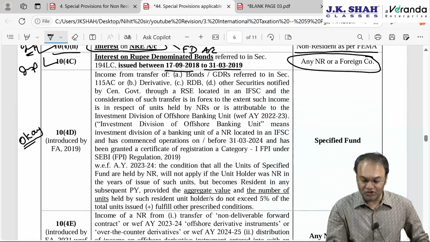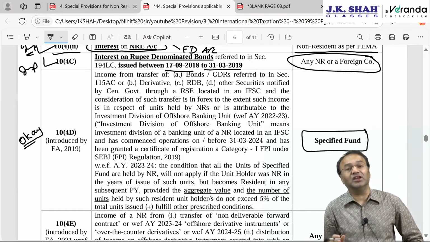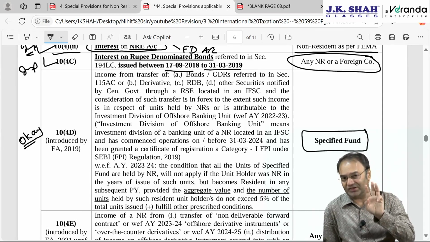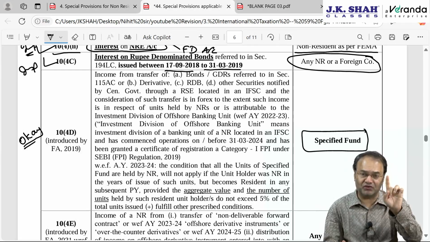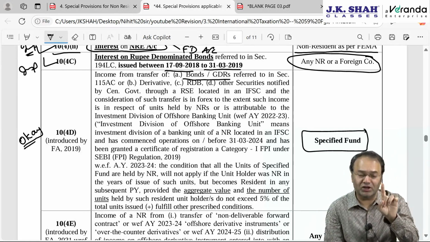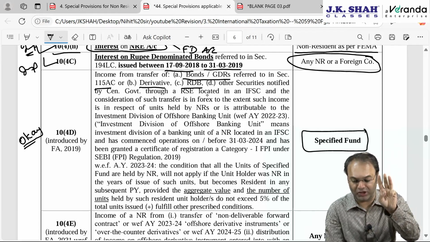Coming back here, so which kind of income? Income of specified fund, ideally capital gain from transfer of various assets, primarily 3 assets. Capital gain, whether long term or short term, arising from transfer of bonds or GDRs of Indian company referred to in 115AC. Number 2, derivatives. Number 3, rupee denominated bonds.